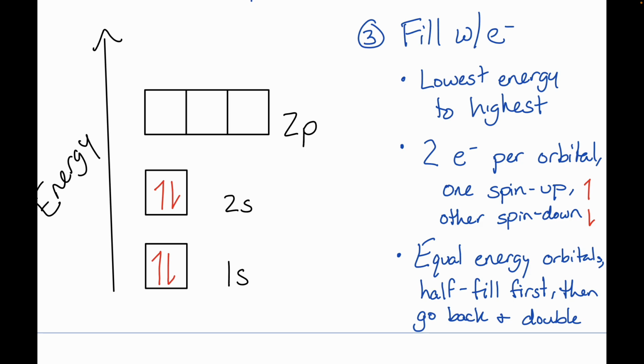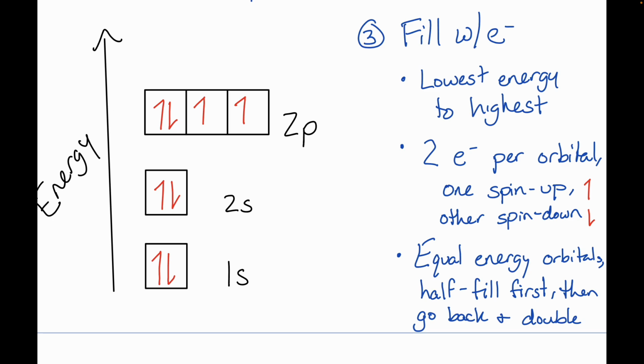But now my last filling rule, everybody look up here real quick. I'm going to fill in these 4 electrons by half filling each one of these boxes first, and then I'll go back and double up. Okay? So you go through, that's our last rule, is for equal energy orbitals. You half fill first, then you can go back and double up.